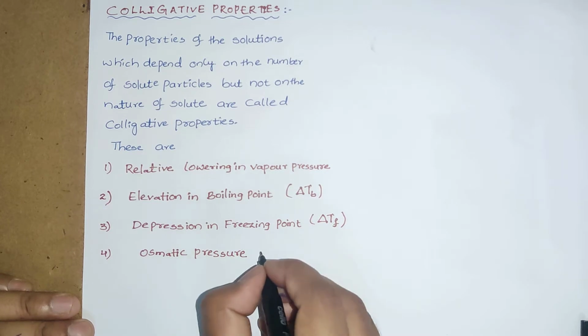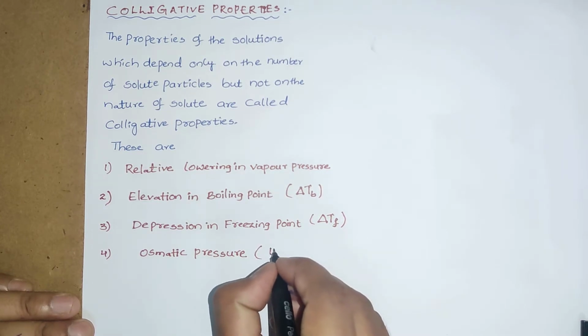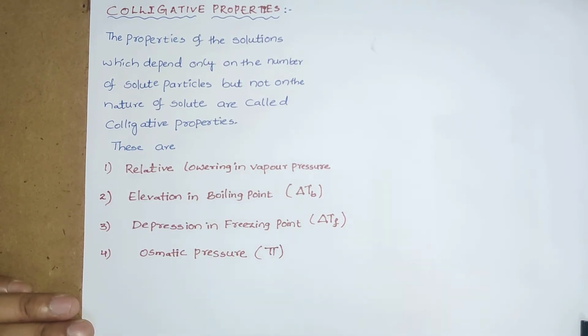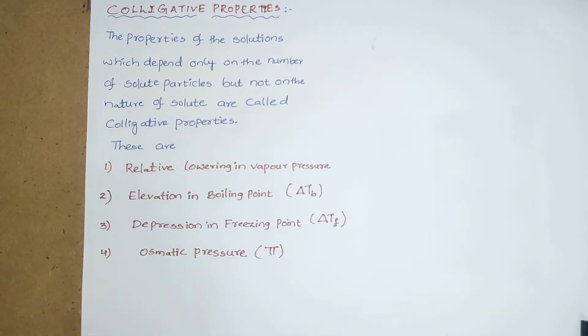These four are colligative properties. Osmotic pressure is generally represented with the symbol pi. These four depend only on the number of solute particles, but not on the nature of the solute. So let us discuss one by one.